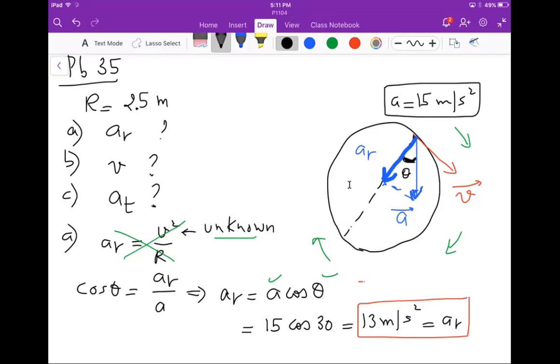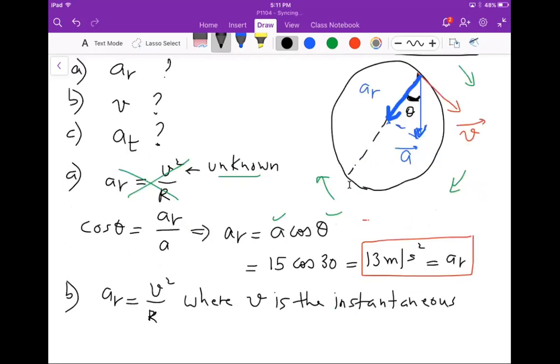We know that AR, by definition, is given by V squared divided by R, where V is the instantaneous velocity, meaning the speed, the magnitude of the velocity of the particle, at the instant for which A was equal to 15 meters per second squared.